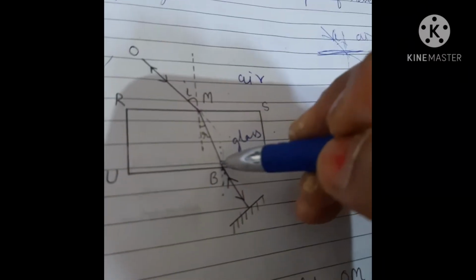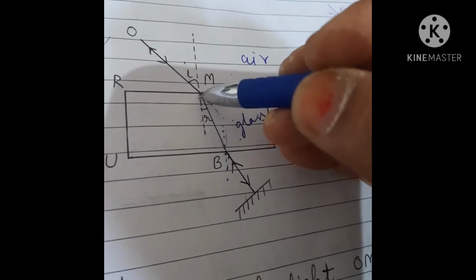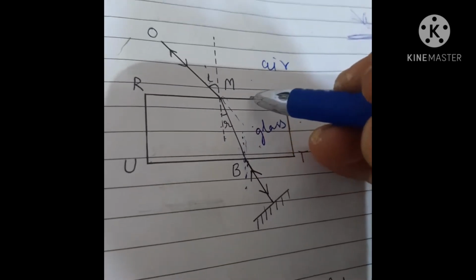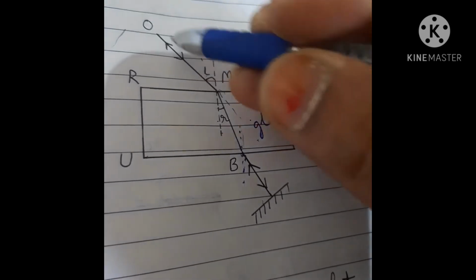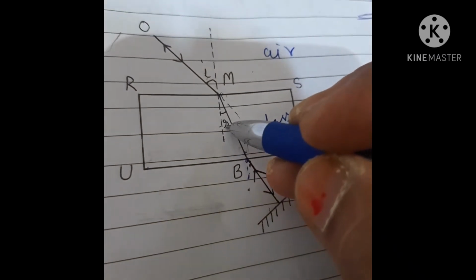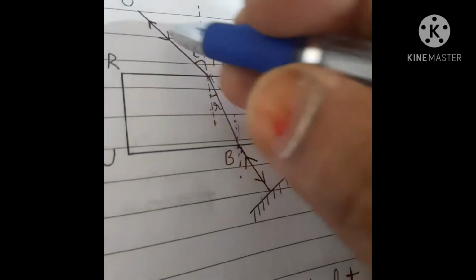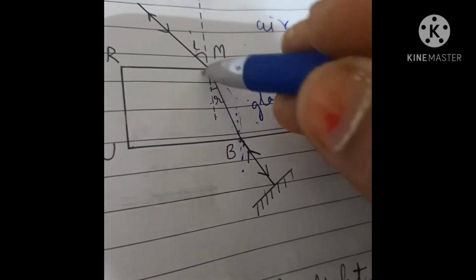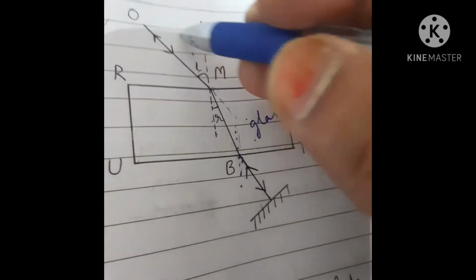When the light ray is moving from B to M, refraction happens again, but now moving from here to here. It means it goes back along its path. So the angle of incidence here is R, because BM is the incident light for this interface, and this is the refracted light.